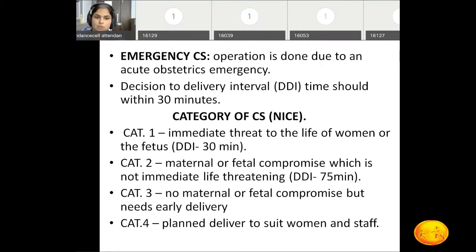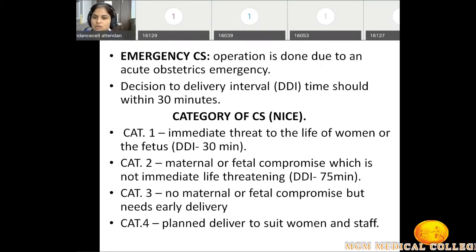Category 1 is the serious category, which is an immediate threat to the life of the baby or the woman. The decision to delivery time interval should be within 30 minutes. In category 2, there is a risk to mother or the fetus is compromised, but it is not an immediate threat to life.